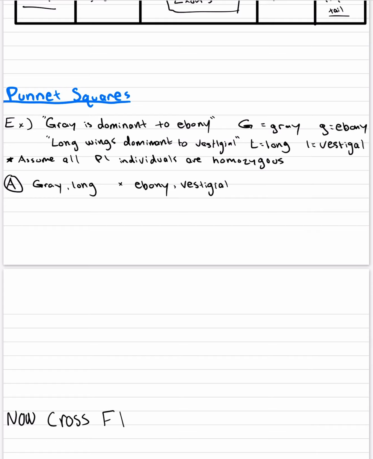True breeding means that this individual is homozygous at a specific locus, meaning that whenever it's crossed with another individual who's true breeding or homozygous at that specific locus for any given trait, their offspring will always end up carrying that trait.